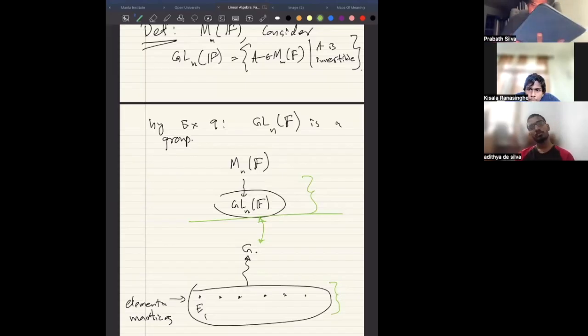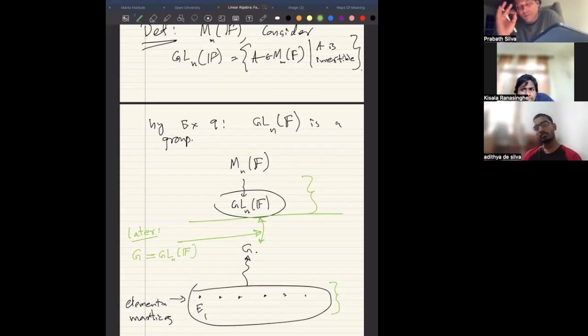So later we will show that actually G is equal to GLn(F). In other words, any invertible matrix can be written as a product of elementary matrices.